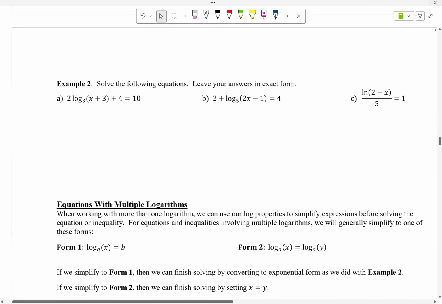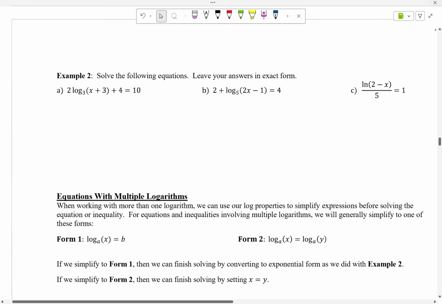Okay. Solve the following equations. Leave your answers in exact form. I'll give you a moment to work through these. I think you can do it. I believe in you.